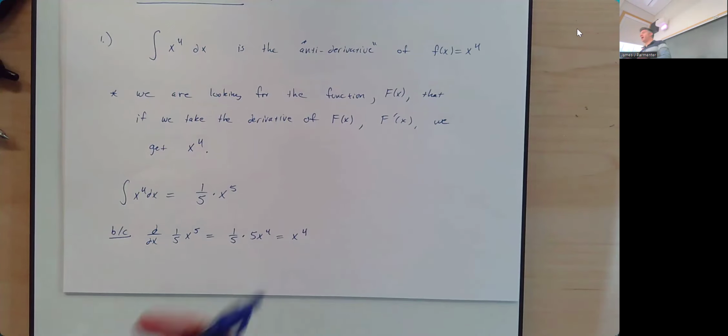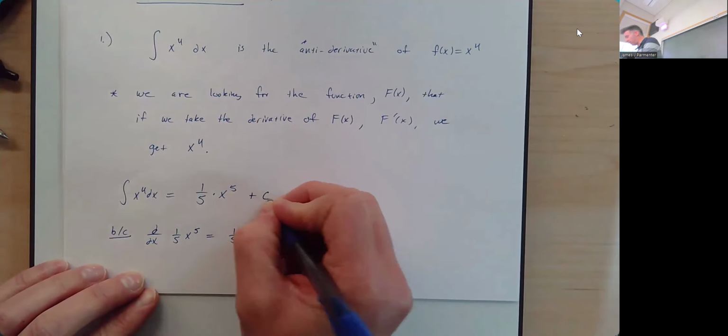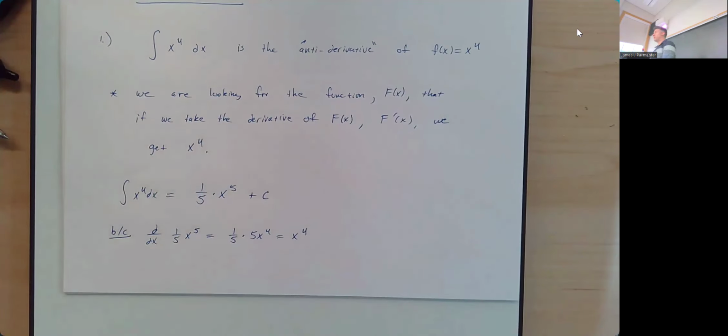So the one thing I have to add on here is plus a constant. Because technically, the antiderivative of x to the fourth could be 1/5 x to the fifth plus 0, or plus 7, or plus 9, or plus 1,000,000,000, or plus pi, or plus any constant you like.